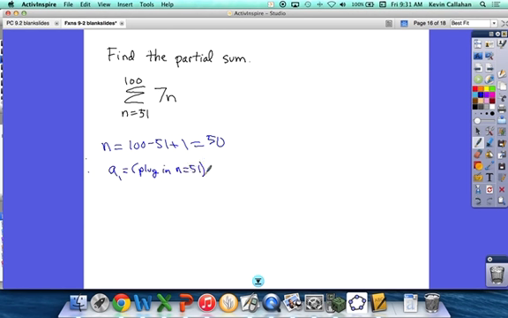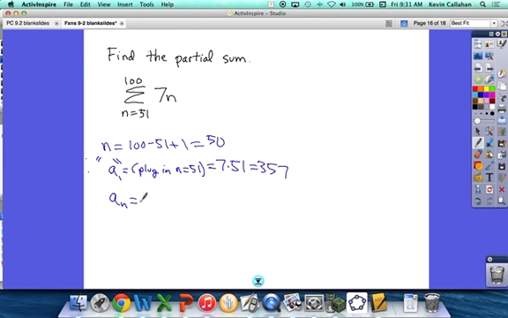In this case, 7 times 51 is 357. And the same way for the an: the an is what you get when you plug in the top number.